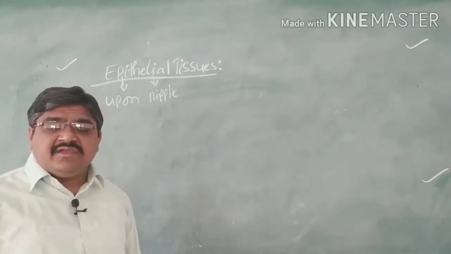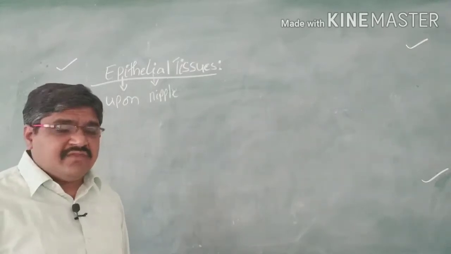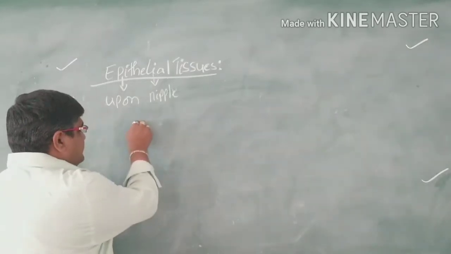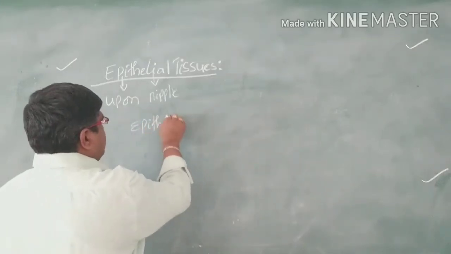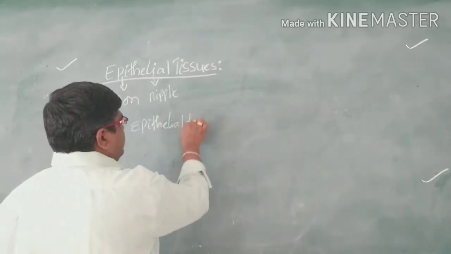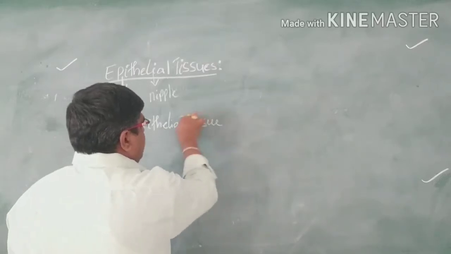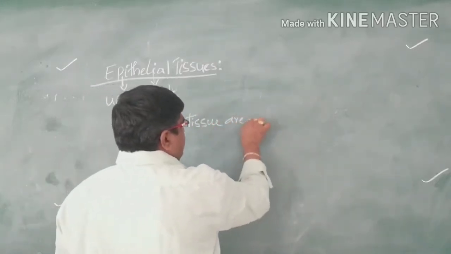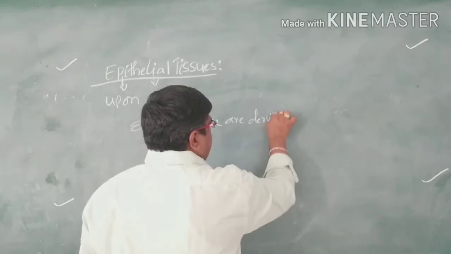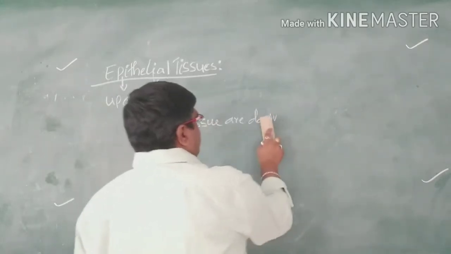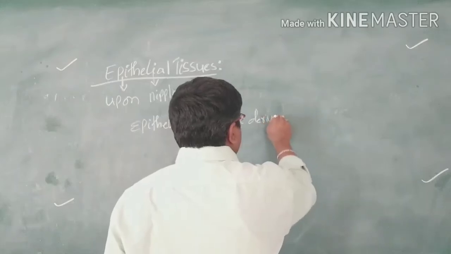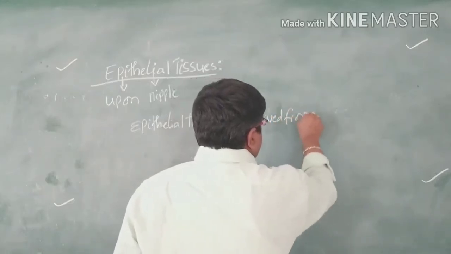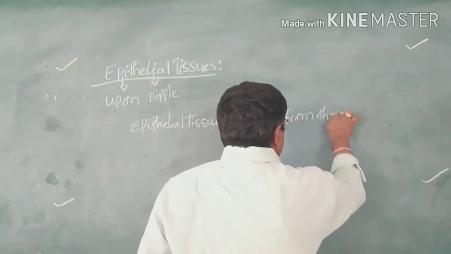These epithelial tissues are derived from three germ layers.